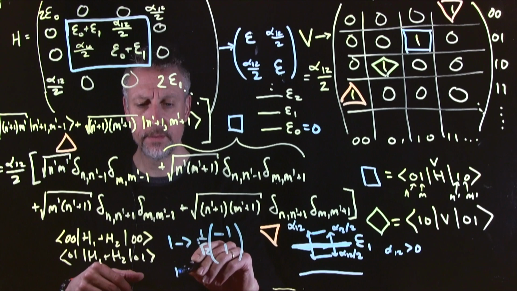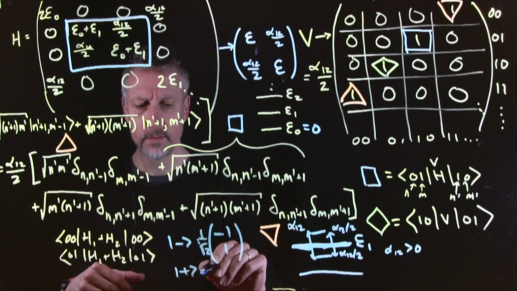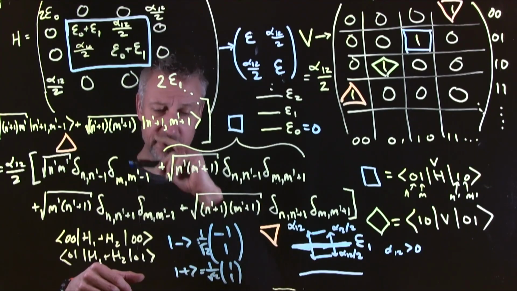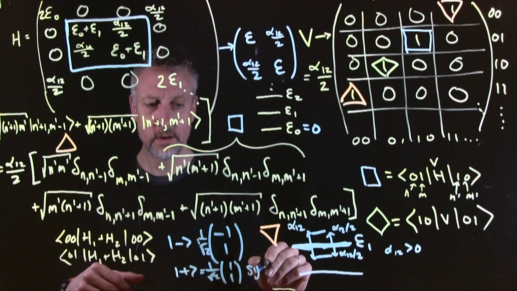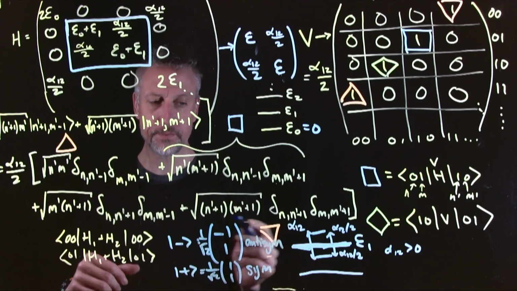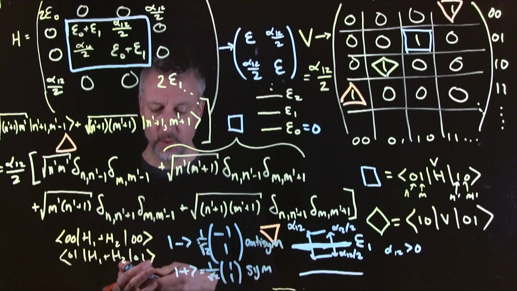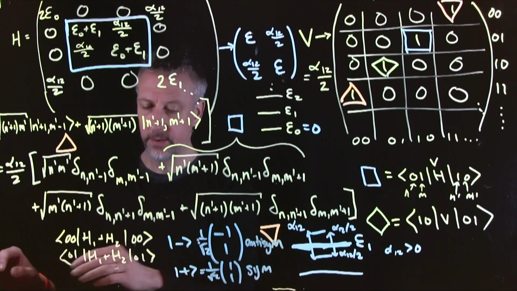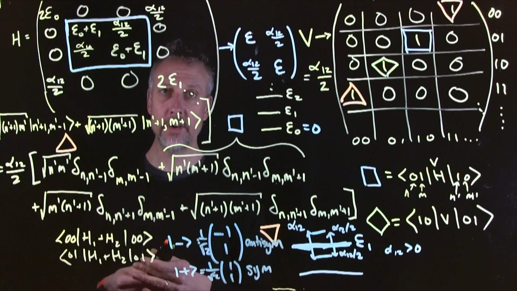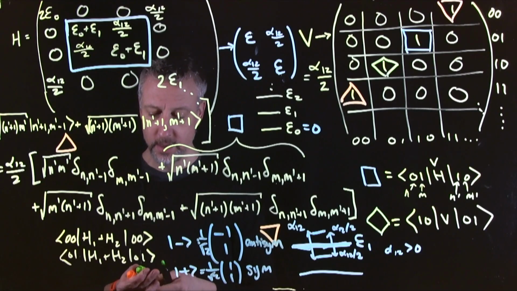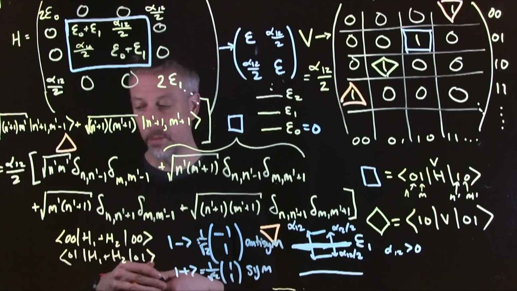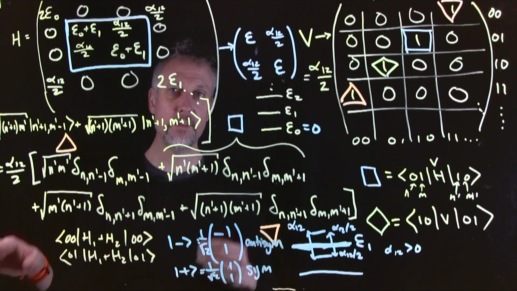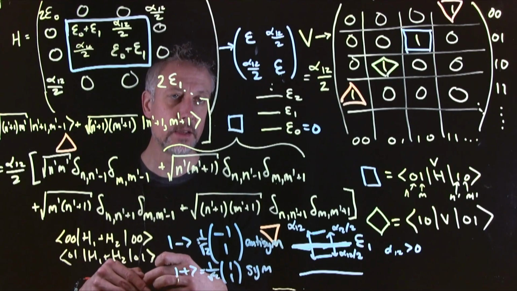The higher one will be 1 over the square root of 2, 1, 1. That'll be the symmetric stretch. And what's interesting about that is, of course, there's a sign of alpha that we don't necessarily know. It could be positive, it could be negative, depending on what the physical actual system is.